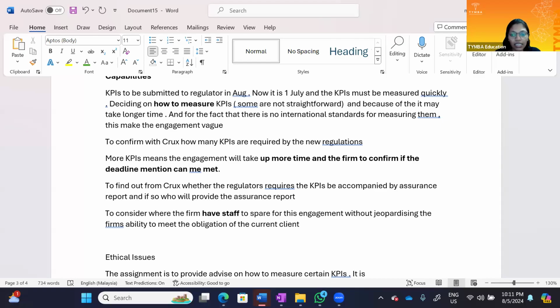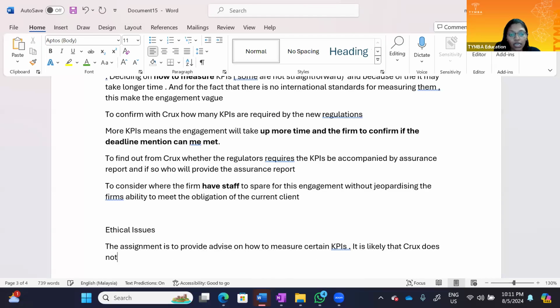It is likely that Crooks does not have in-house staff with the required competence to do this, because it's a new regulation and unlikely they're going to have experts very fast.